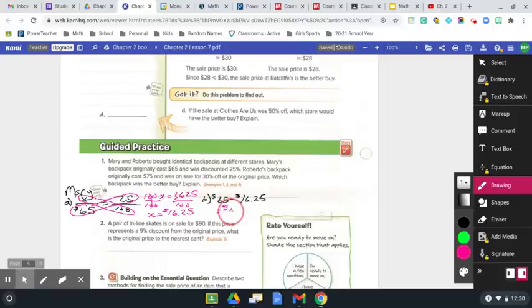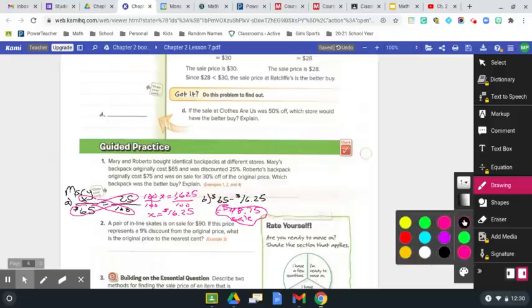And hopefully you see $48.75 for the sale price. So there's the sale price of her backpack from the store she bought it from.